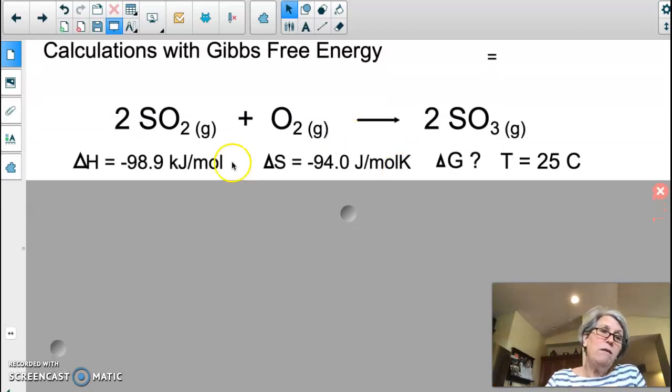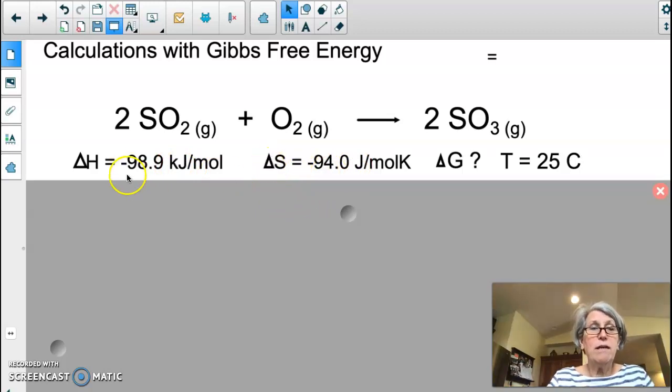We know the delta H value for this reaction is negative 98.9 kilojoules per mole, and the delta S value has a unit of joules per mole Kelvin. If we put this into the Gibbs free energy equation, we're doing a big no-no unless we change it to kilojoules per mole. That's a common mistake kids make, so don't be that kid. Make sure you check your units on your energy.